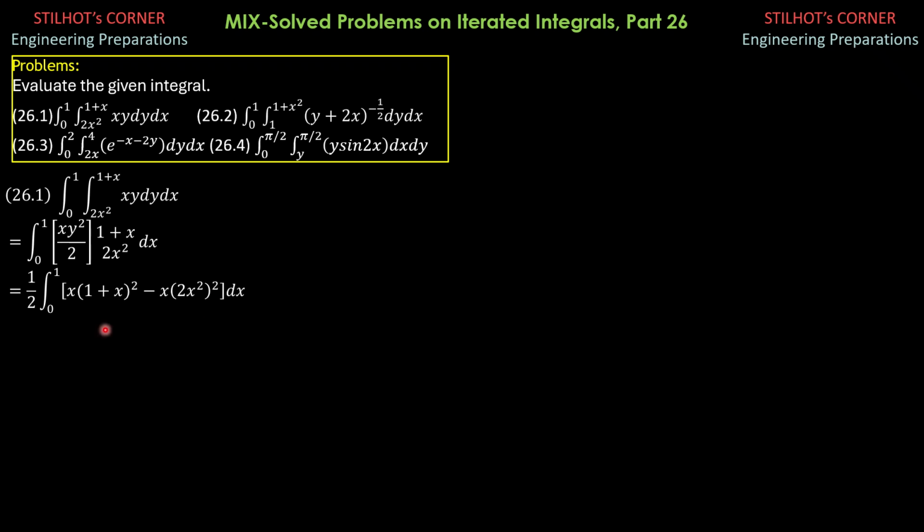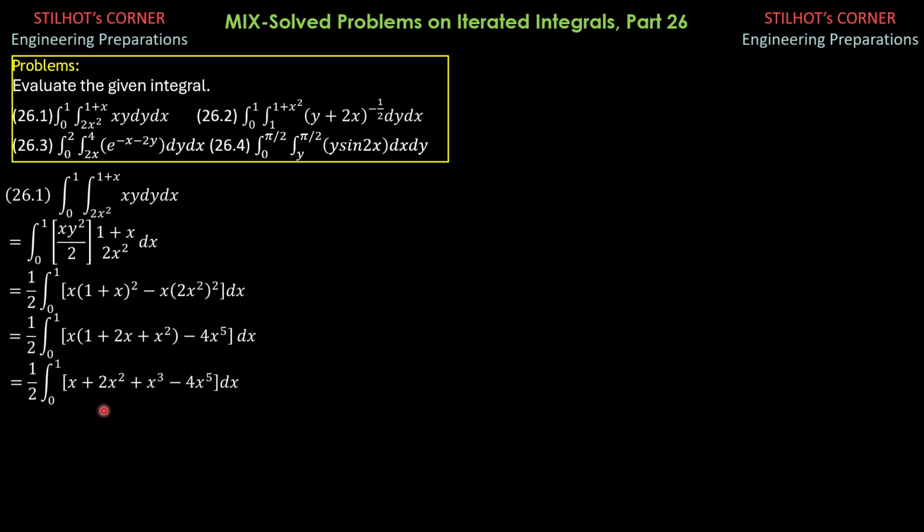Simplifying, that would be 1 half integral from 0 to 1 of x times quantity 1 plus 2x plus x squared, then minus 4x to the 5th dx. Expanding before re-evaluating, 1 half integral 0 to 1 of quantity x plus 2x squared plus x cubed minus 4x to the 5th dx.